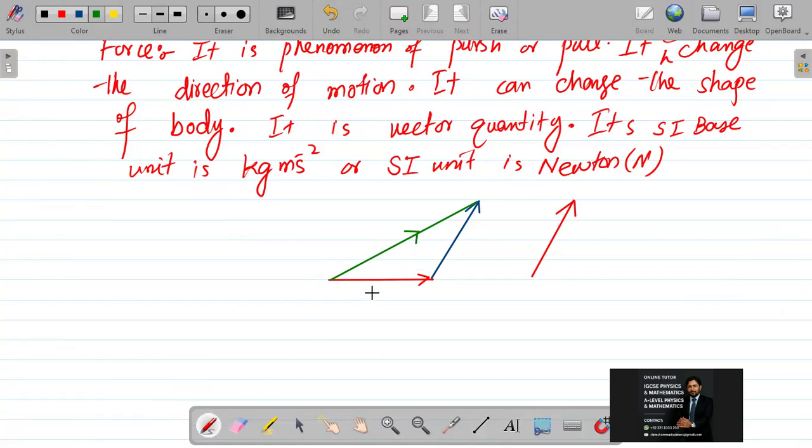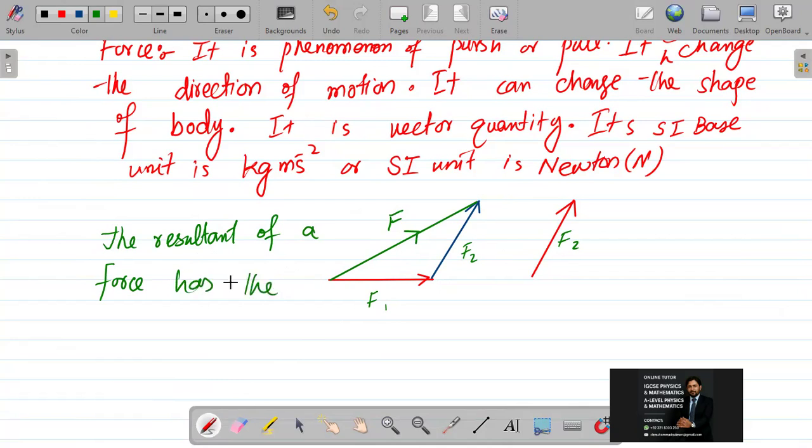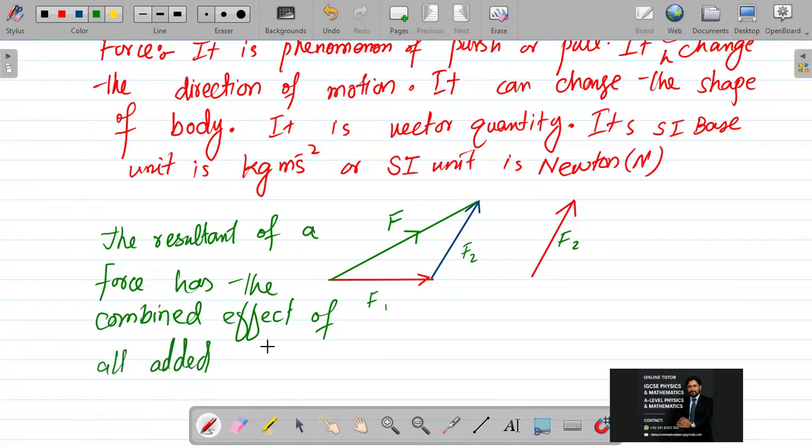This is my force F1, this is my force F2, and I'm getting F. The resultant of a force has the combined effect of all the added forces.